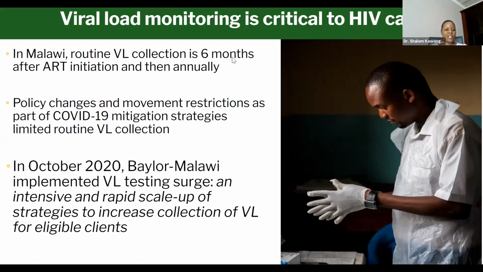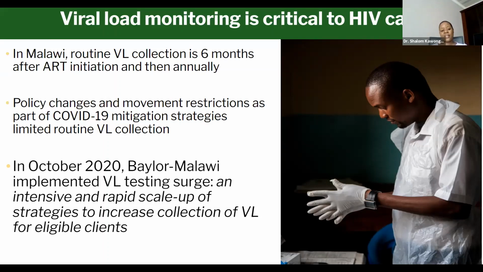So some of the changes that took place were around viral load monitoring. And in 2020, during the second wave of COVID-19, viral load collection was limited to pregnant women, children under 15, and clients who had initially had a routine high viral load.